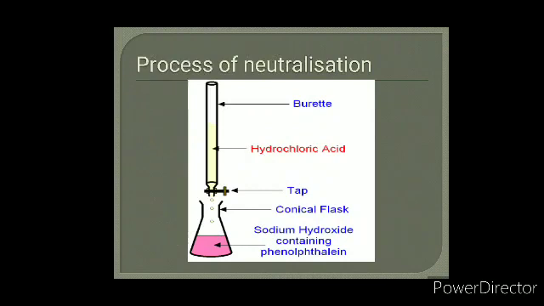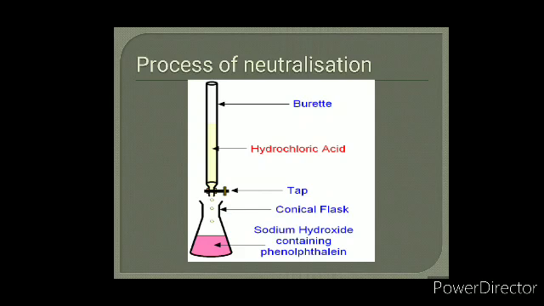So, the process of neutralization. How will you test whether the acid and base have completely neutralized? For this purpose, we have to do an activity. First of all, we have to take a test tube or conical flask.